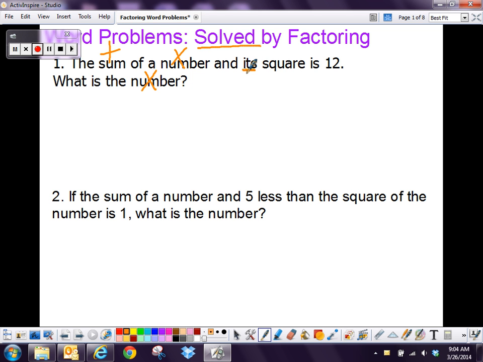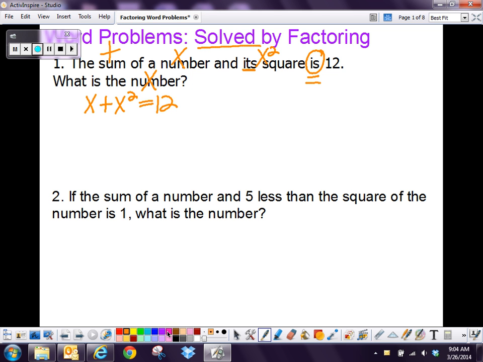If I want its square, that would be x squared. We should know by now that the word is means equals, and then 12. So if I put this all together, that would be x plus x squared equals 12.